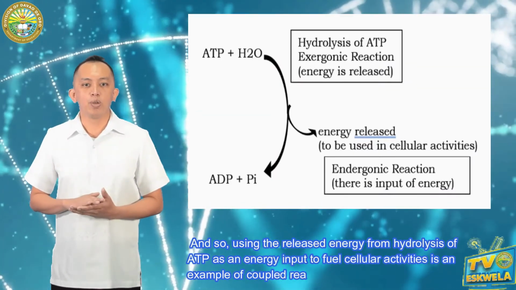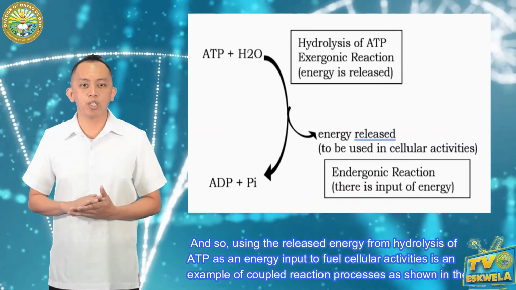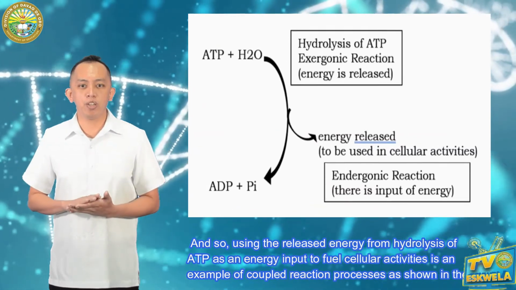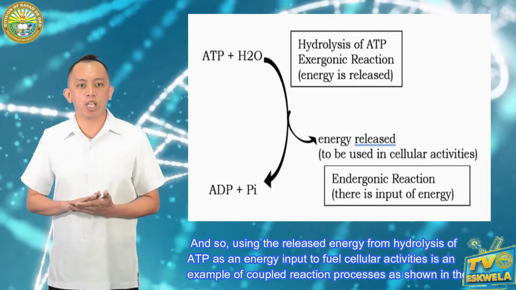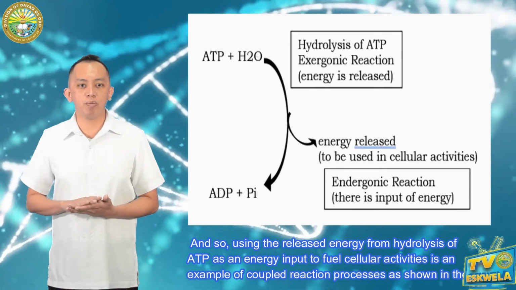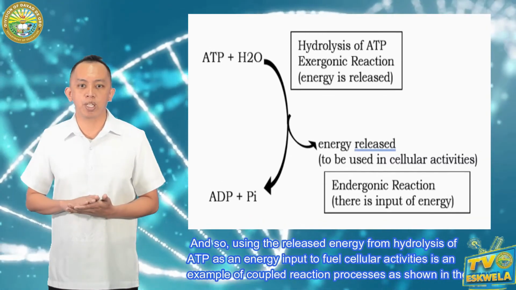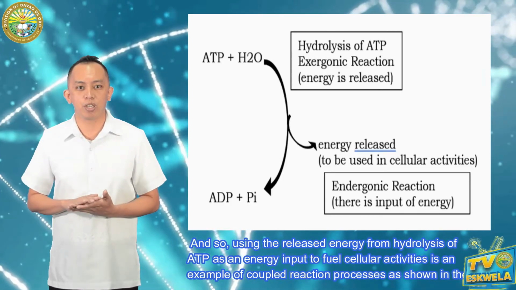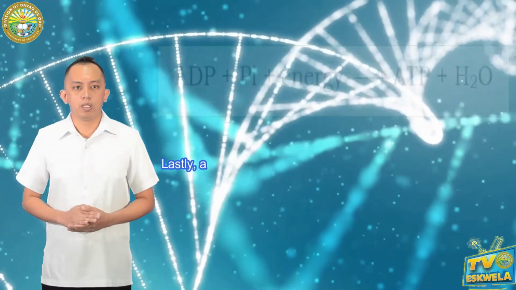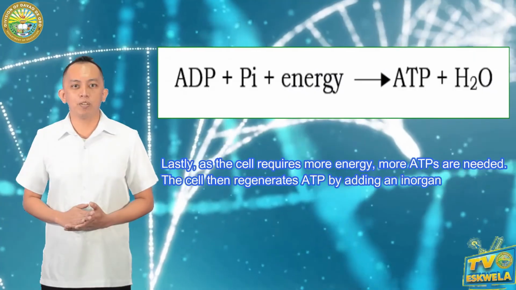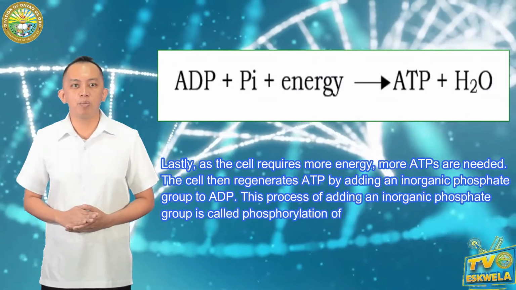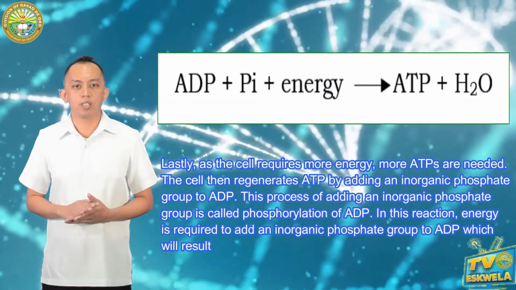And so, using the released energy from hydrolysis of ATP as an energy input to fuel cellular activities is an example of coupled reaction processes as shown in the figure. Lastly, as the cell requires more energy, more ATPs are needed.